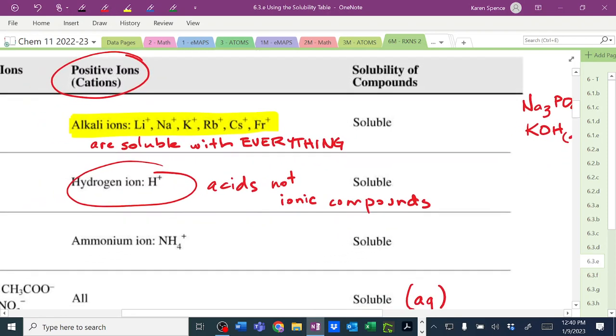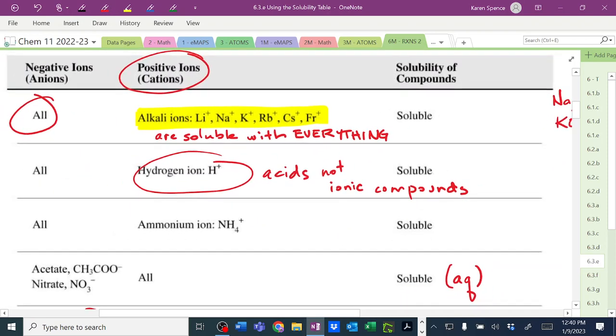Okay, and you'll also notice that who else is soluble with everything? There's another cation that is soluble with everything. Tell your partner, what is that cation? What other cation is soluble with everything?